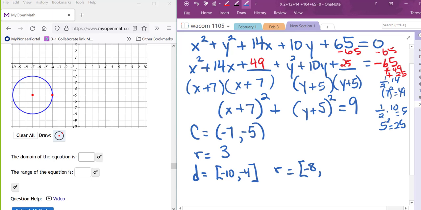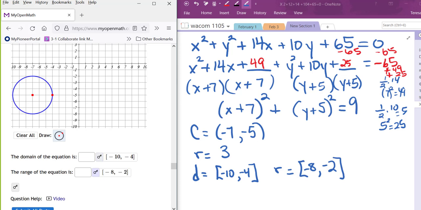And -5 plus 3 would be -2. And then we'll check that. All right, so -8 is the lowest and -2 is the highest. So we should be good there. So -10 to -4 for the domain and -8 to -2 for the range.